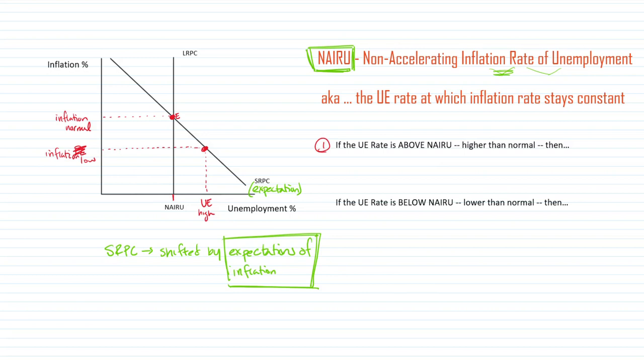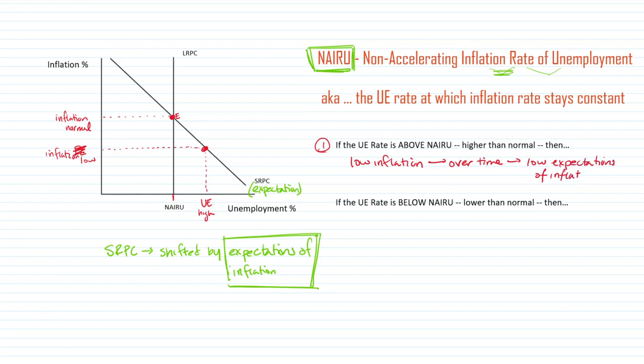But it also shows us that at a high unemployment rate, we get a relatively low level of inflation. If we were to stay at this high unemployment rate and this low rate of inflation, then over time, low inflation leads to low expectations of inflation.